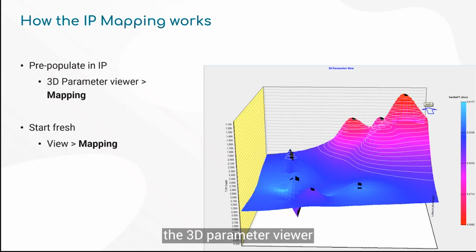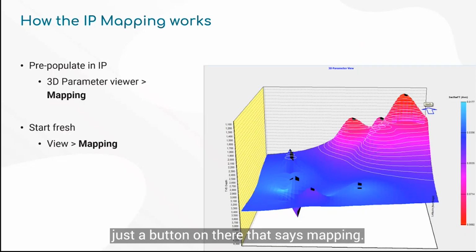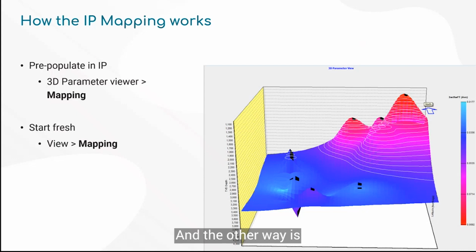One is through the 3D parameter viewer, where you've already chosen the zones that you're interested in and the data that you want to be able to grid. And there's just a button in there that says mapping. And the other way, if you don't really know yet what you want to map, but you want to map lots of things, you can go straight into the mapping from the view menu. And again, in the demo, I'll show you this.